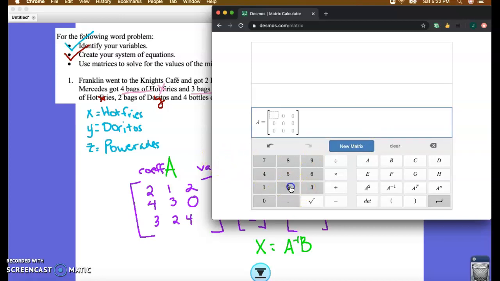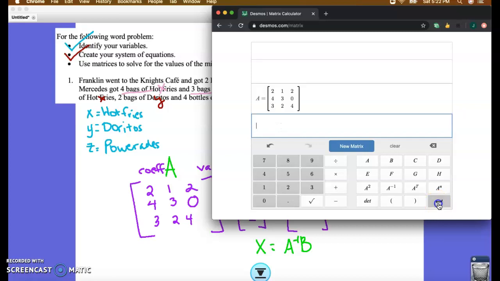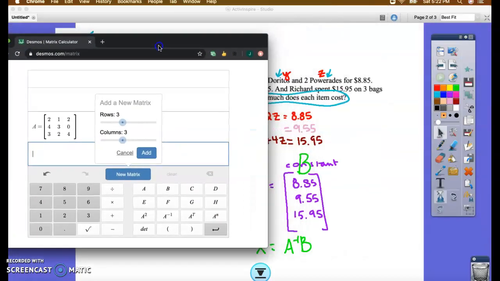So A is 2, 1, 2, 4, 3, 0, 3, 2, 4. Check, double, triple, just to make sure. Enter. Now I'm going to do a new matrix, and let me move it over here.